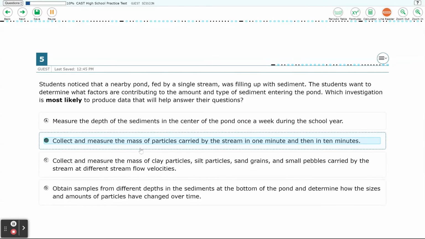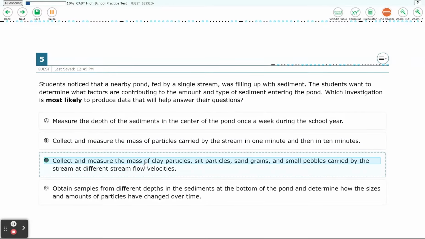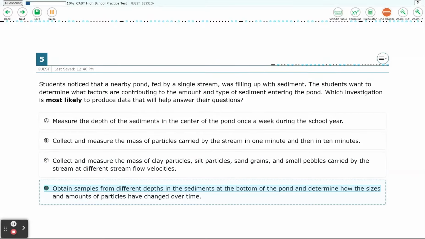B. Collect and measure the mass of particles carried by the stream in 1 minute and then in 10 minutes. C. Collect and measure the mass of clay particles, silt particles, sand grains, and small pebbles carried by the stream at different stream flow velocities. D. Obtain samples from different depths in the sediments at the bottom of the pond and determine how the sizes and amounts of particles have changed over time. Go ahead and mark your answer now.